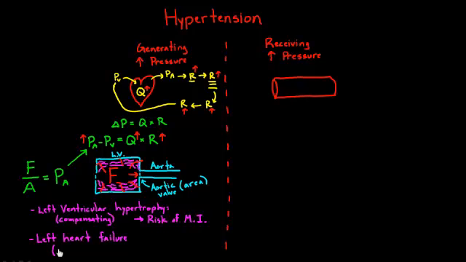So it'll try to do what it can to move as much blood as possible, but it is essentially not compensating completely. And that's why you sometimes see people with heart failure after having years and years of high blood pressure. Their heart simply can't keep up, and so you experience heart failure.